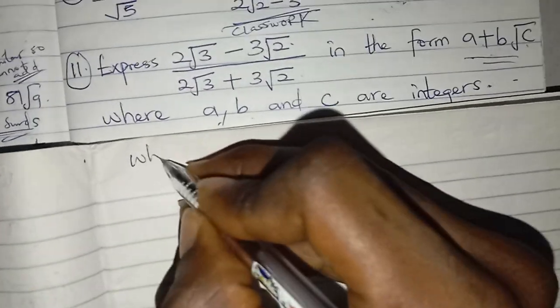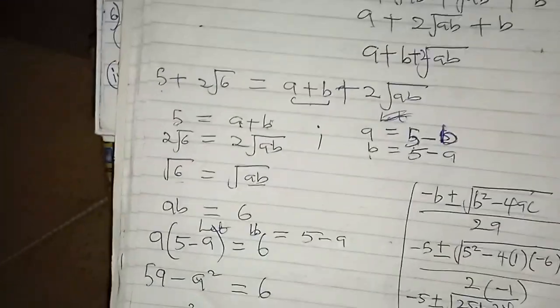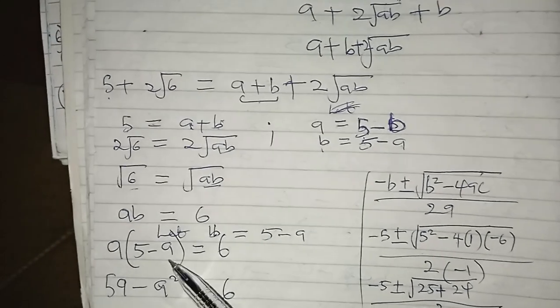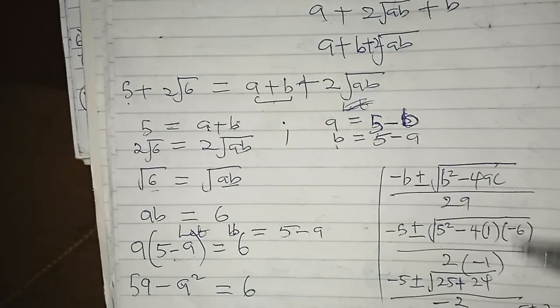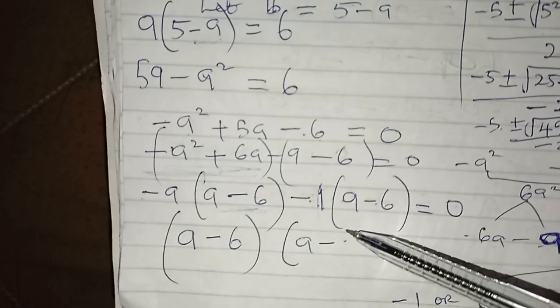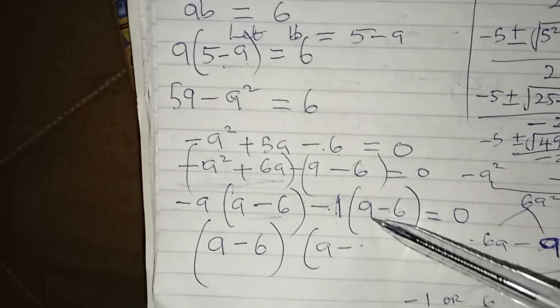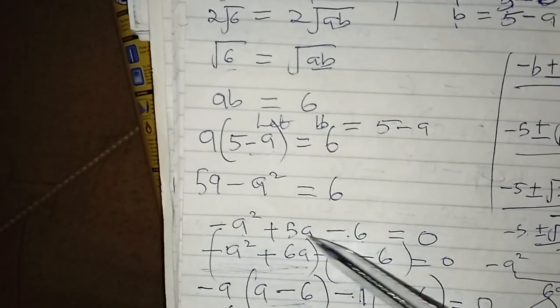And that is the same thing as saying, I'll go back and see, remember we substituted b to be this 5 minus a. So we've solved now. Notice that everything we solved here is with a. When we got to this point, this is a square 5a, so it's a that we got.